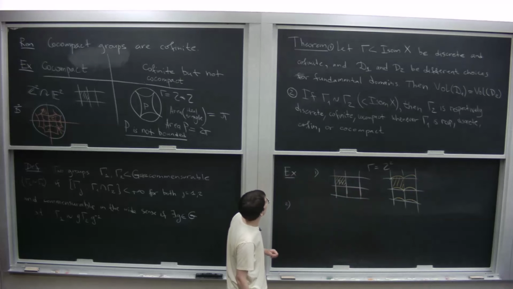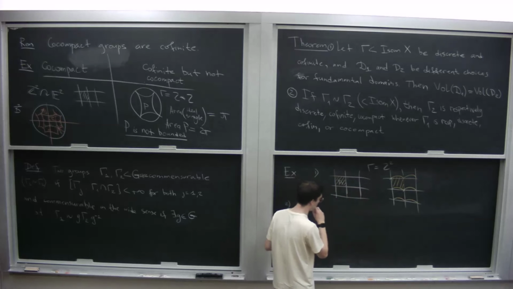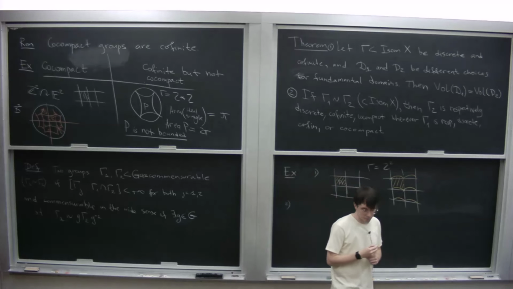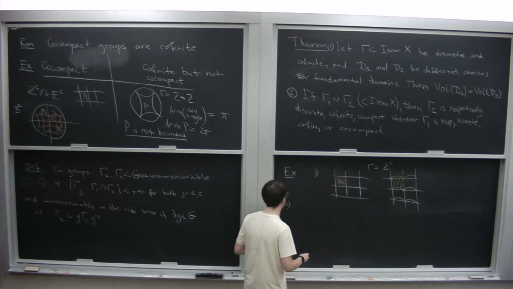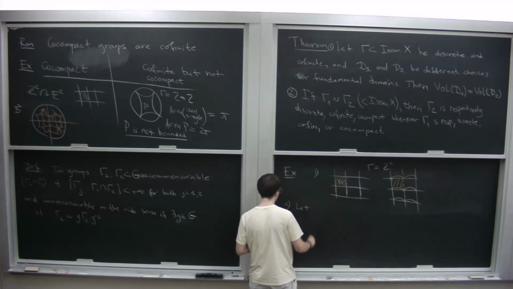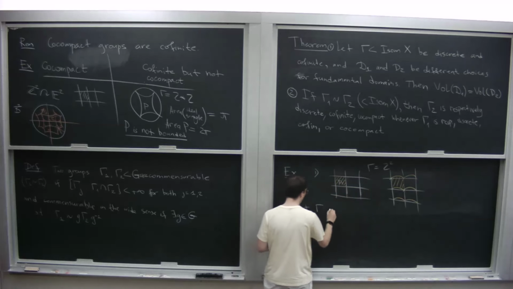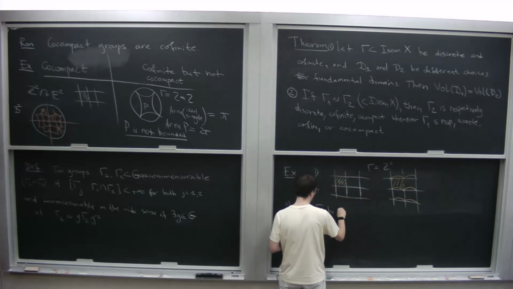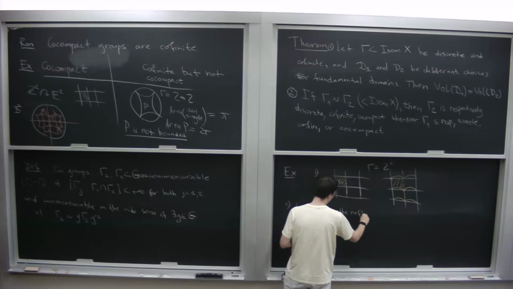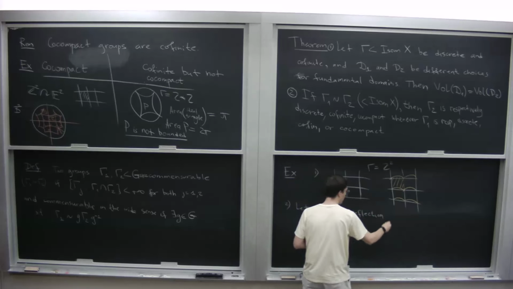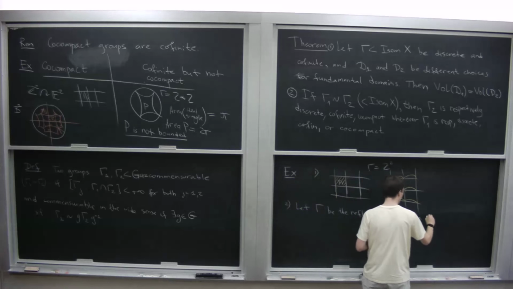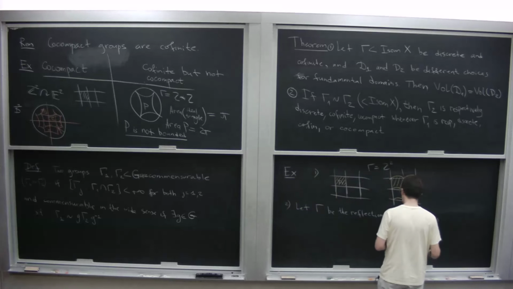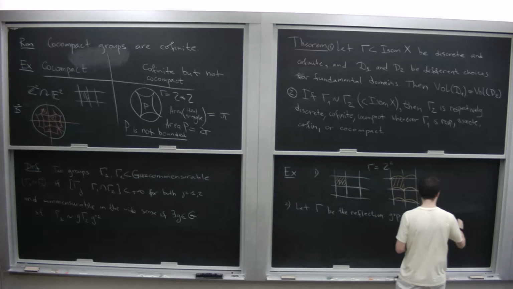Okay, let's consider another example. So let gamma be a finite index subgroup. Let me find some nice example. Okay, actually, let gamma be the reflection group in the sides of the Euclidean square.